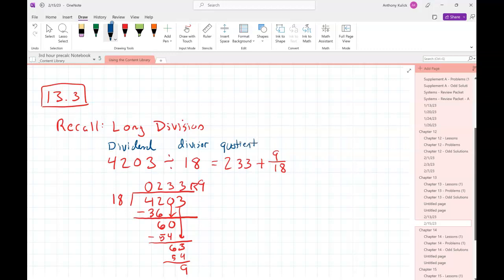The 9 is the remainder, and 18 is the divisor. Okay? So we can do this for any two integers, right? We can rewrite any integer divided by something as a quotient plus remainder over divisor.